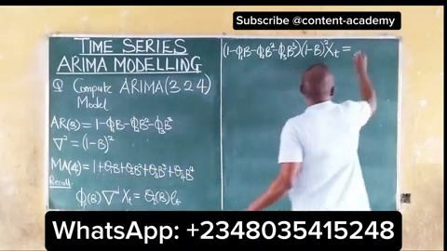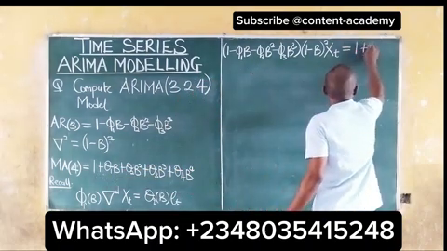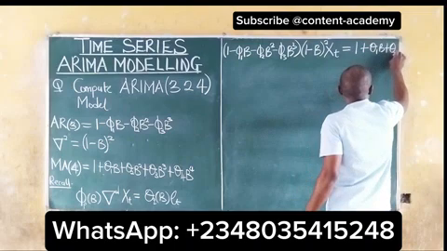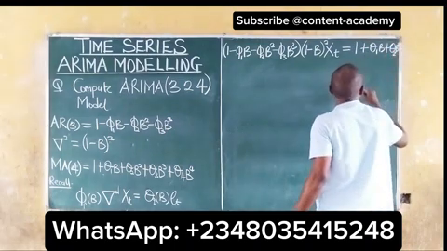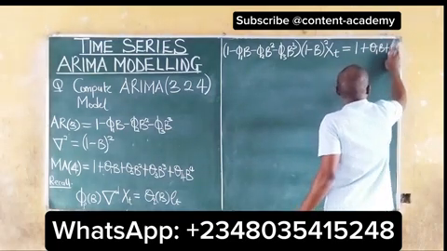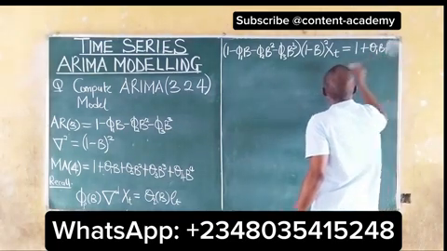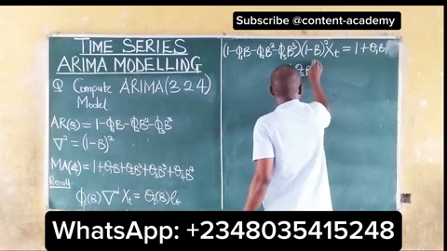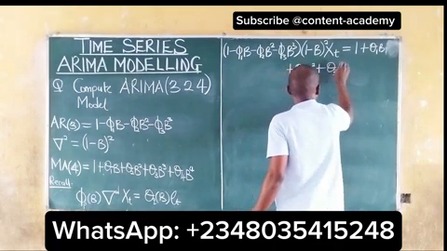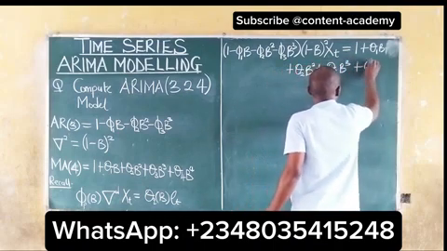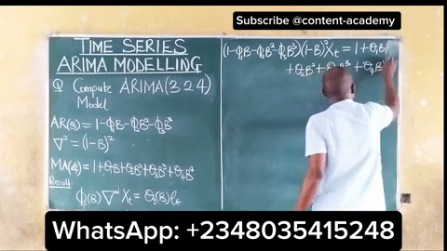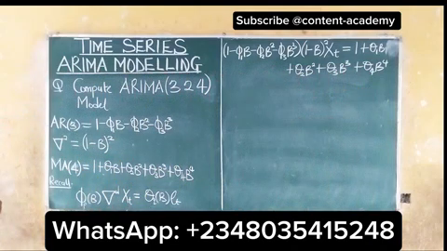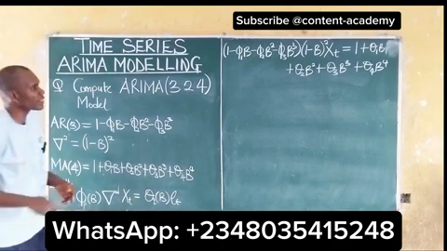So we write it as 1 plus theta 1 B plus theta 2 B squared plus theta 3 B raised to the power of 3 plus theta 4 B raised to the power of 4. So that's what we have. That is simply our model.